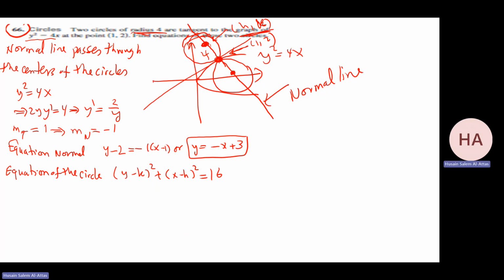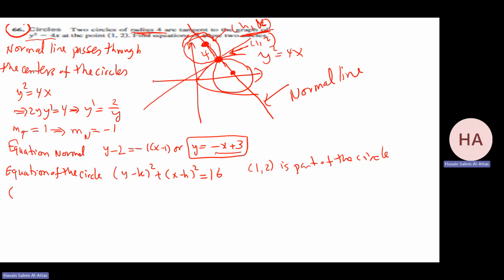And since it passes through this line, y is minus x plus 3. And the point (1, 2) is part of the circle. So I have, not minus x, I'm looking for h and k.